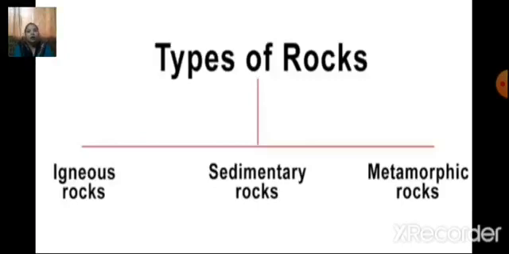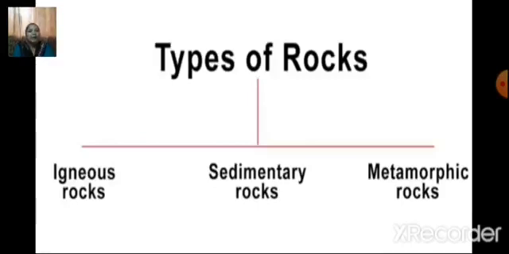Based on how the rocks are formed, the rocks can be divided into 3 types: igneous rocks, sedimentary rocks and metamorphic rocks. Igneous rocks are also called fiery rocks because they are formed from lava. Sedimentary rocks are made up of the broken down particles of already existing rocks.